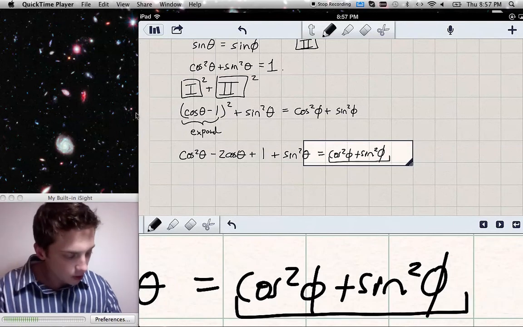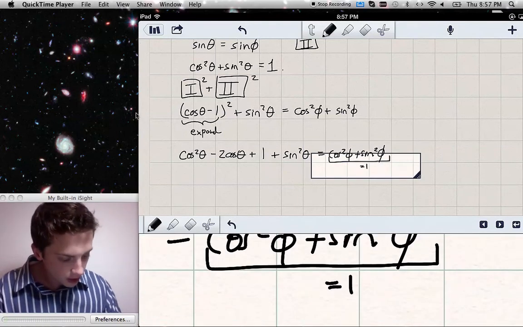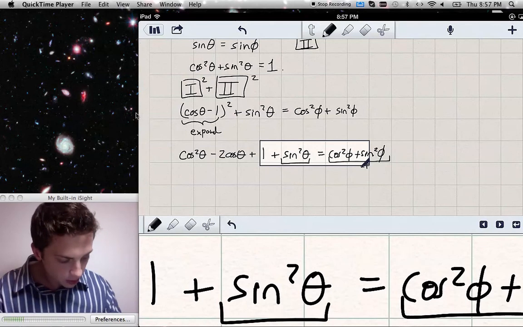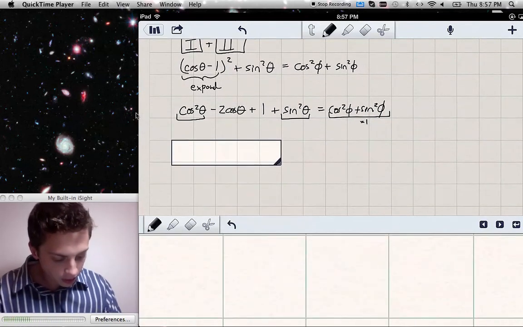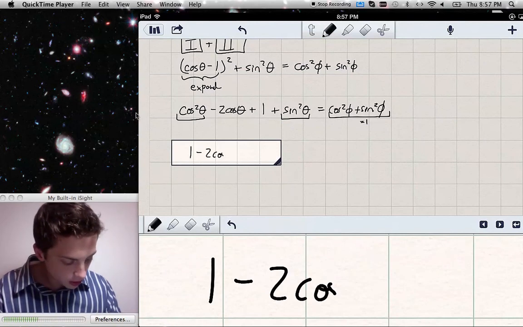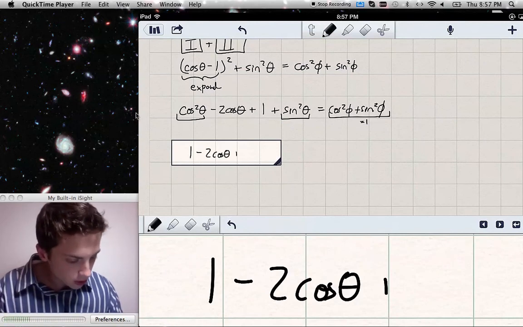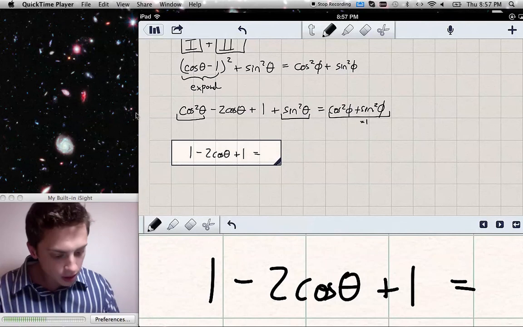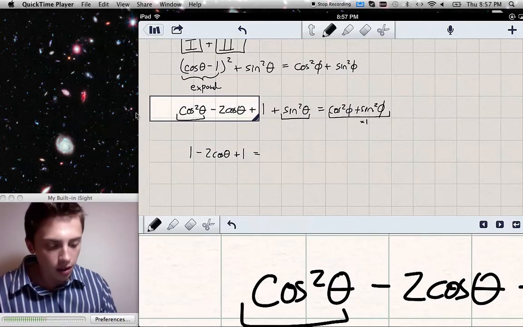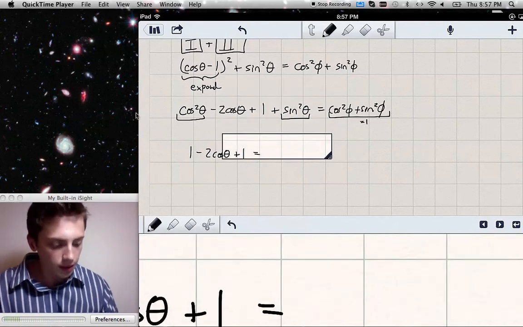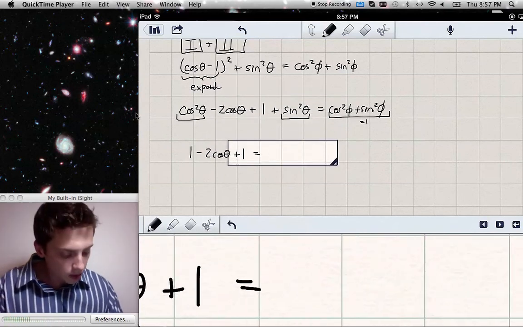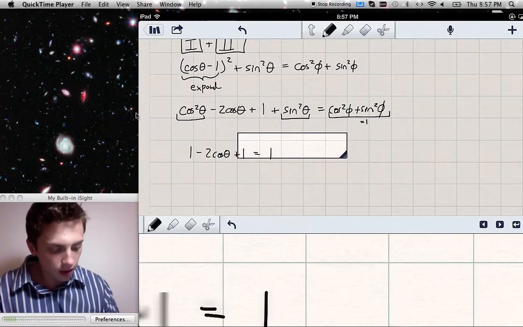This plus this is equal to 1. So I'm left with 1 minus 2 cosine theta plus 1 is equal to, so this first one is just from taking cosine squared of theta plus sine squared of theta, and this second one is just from up here. And that is equal to 1 from this identity.